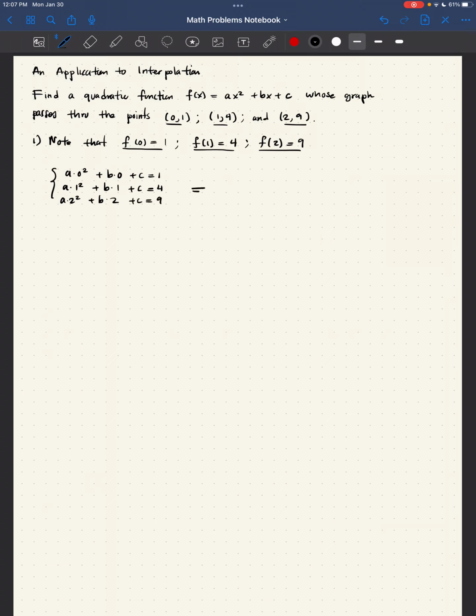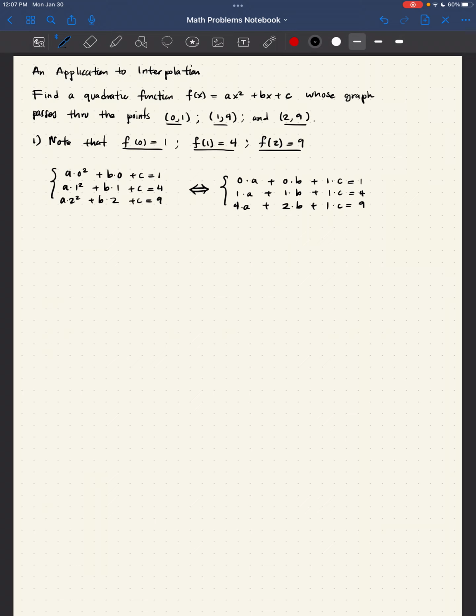Of course, we can rewrite it in the following way as simply 0 times a plus 0 times b plus 1 times c equal to 1; 1 times a plus 1 times b plus 1 times c equal to 4; and now we have 4 times a plus 2 times b plus 1 times c is equal to 9.